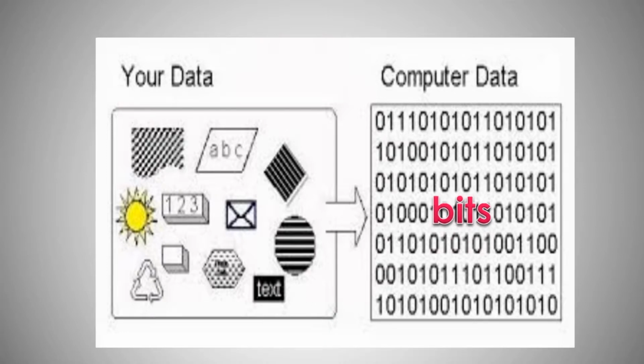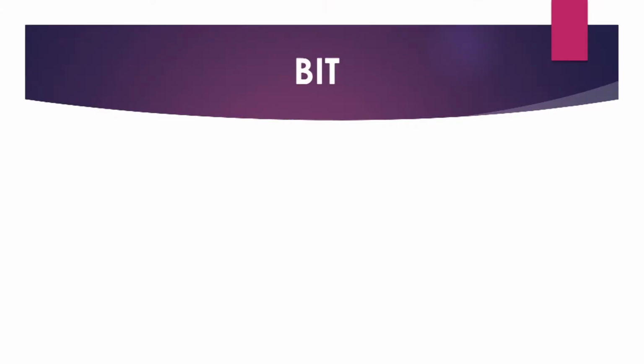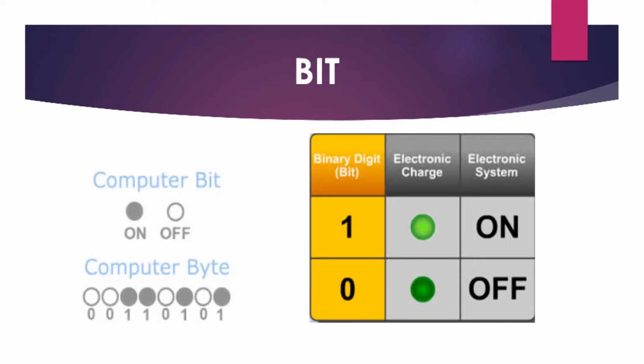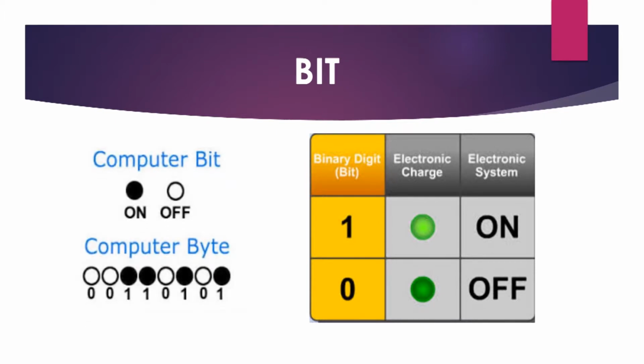This is a commonly used memory unit in a computer. Bit, that is small b, is a single binary digit, that is either 0 or 1. 1 represents an on status, while 0 represents an off status. So, what is a byte? A collection of 8 binary digits is called a byte.